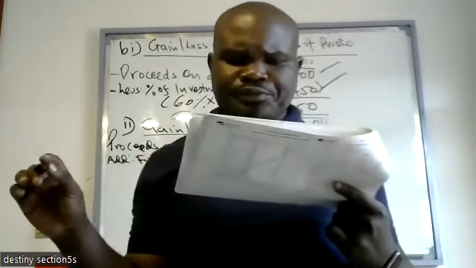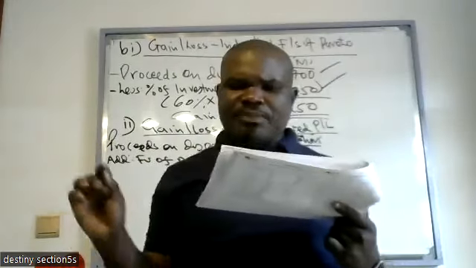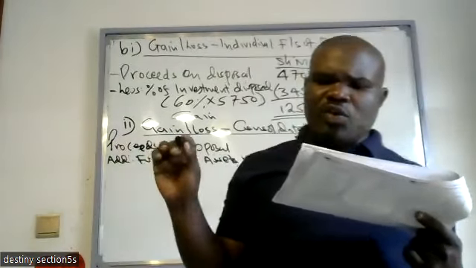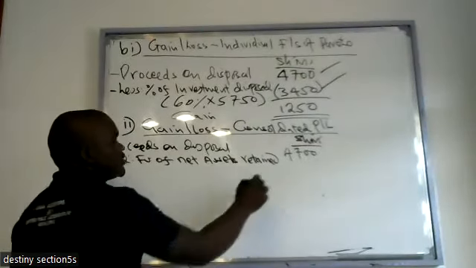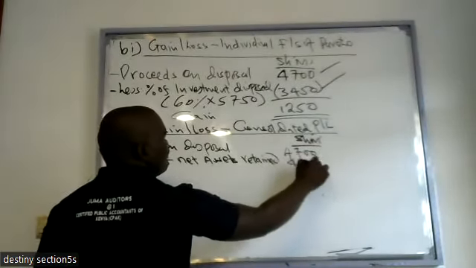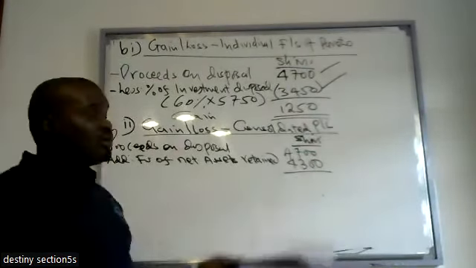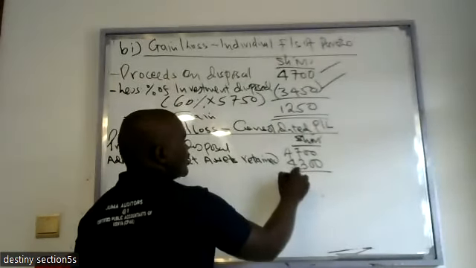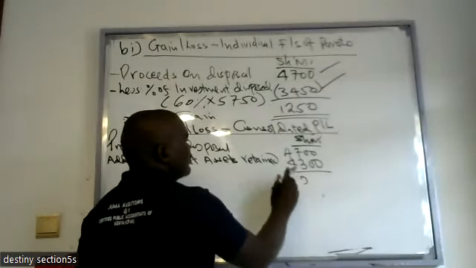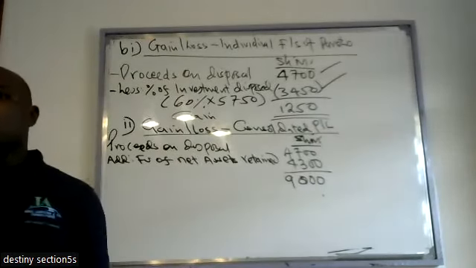The fair value of the remaining 40% equity interest was 4,300. So whatever remained had a value of 43. So you sold for 47, but you are also holding back 4,300. So in total, we are talking of 9. So have that.